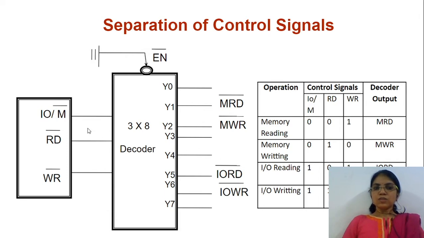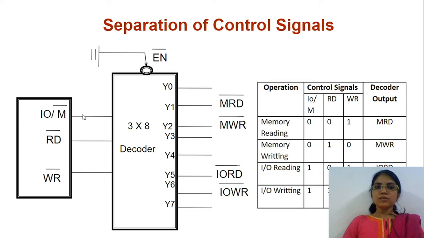For separation of the control signal into different signals concerning the memory and the IO device, suppose we want to cover the memory reading operation. This table indicates the operation related with their control signals. For memory reading operation, we want to activate the M bar, because we want to do the operation related with the memory.